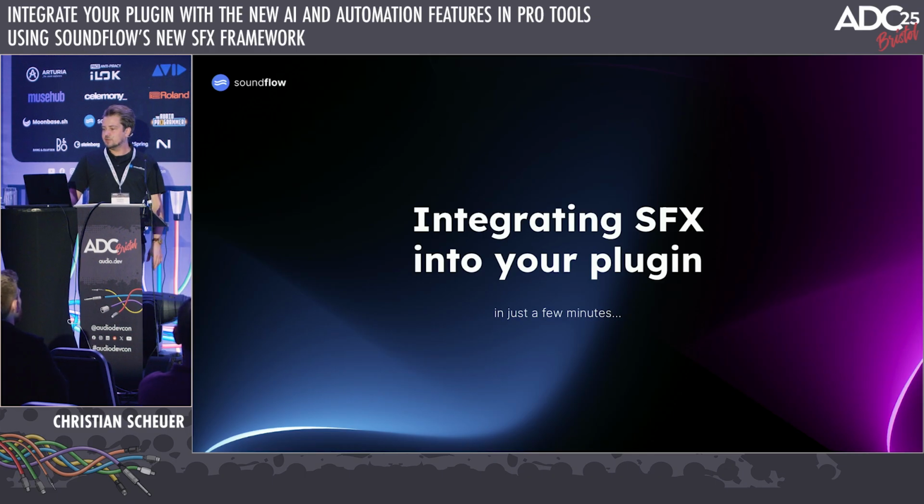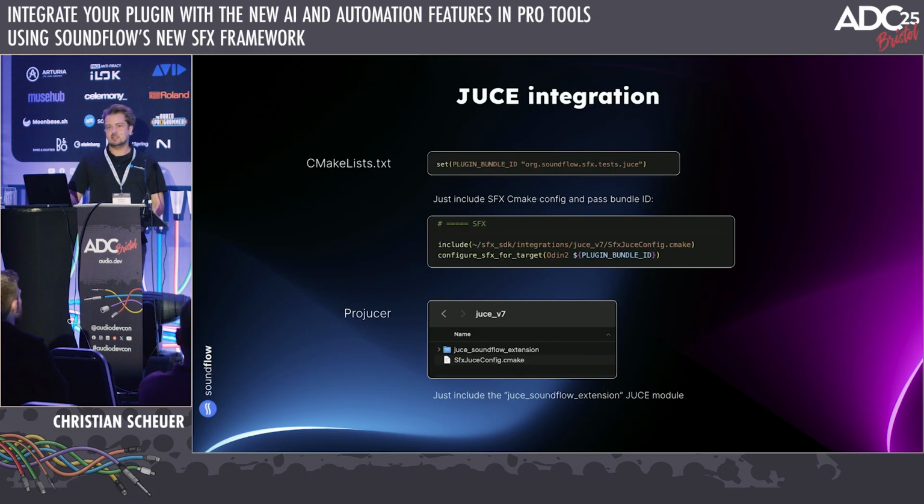15 minutes. All right. So this last section is about how you integrate all of this into your plugin. We wanted to make very, very sure that this was as close to basically one developer day to integrate.